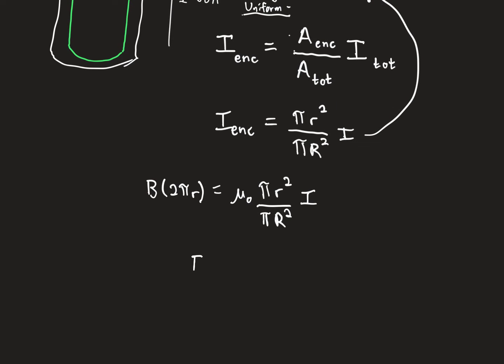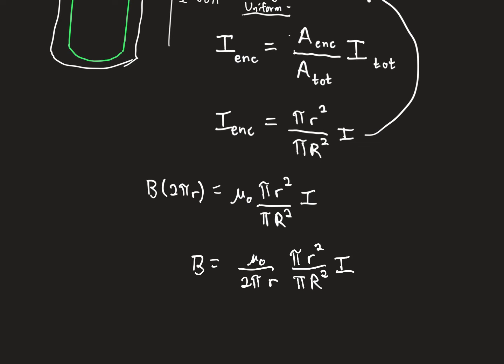And then I solve this for B, and B is equal to mu naught over 2 pi times little r times pi times r squared over pi times big R squared times I.